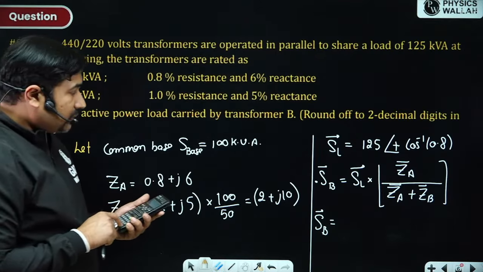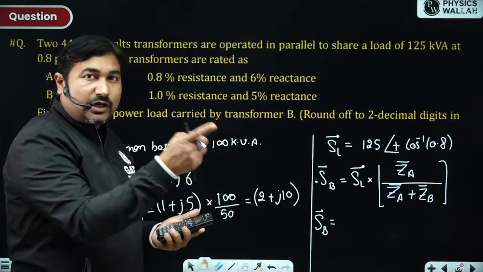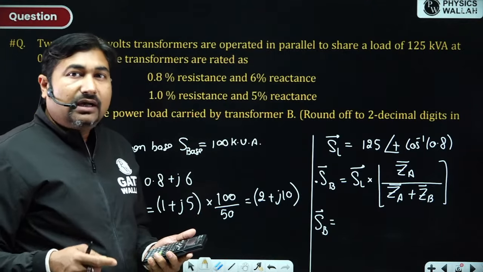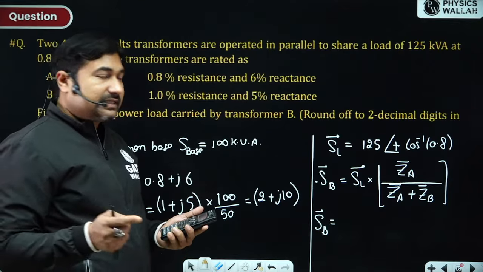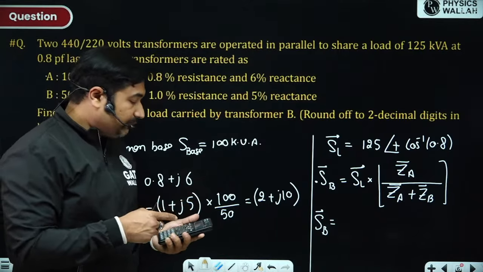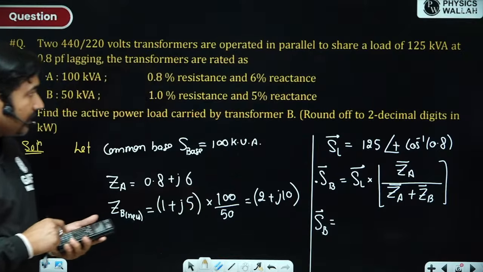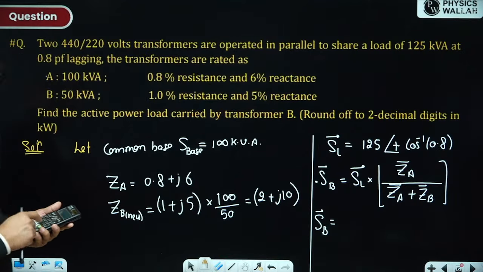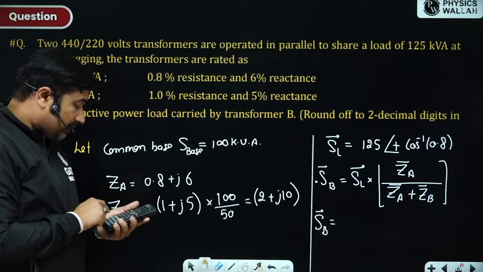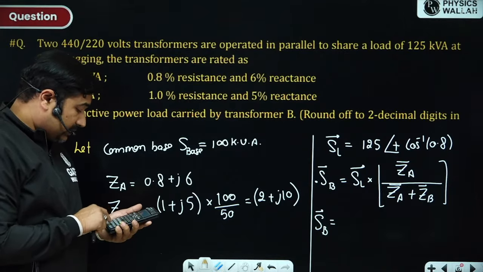So this is 100 plus j75, if you multiply 125 with cos phi minus j sin phi. Okay, so it will become 100 plus j75 multiplied by your value, 1 plus 0.8 plus j6.